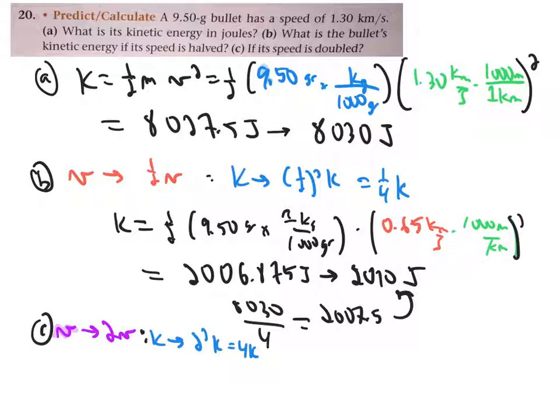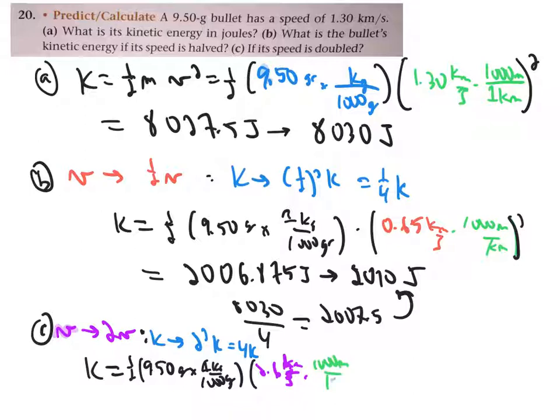So if we compute the kinetic energy with the same kind of thing, 1/2 times 9.50 grams times 1 kilogram per 1,000 grams times, and now we have to double this, so we'll have 2.6 kilometers per second, times 1,000 meters per kilometer, again all squared, and we throw that into a calculator. What we get is 32,110 joules, which is 32,100 joules.